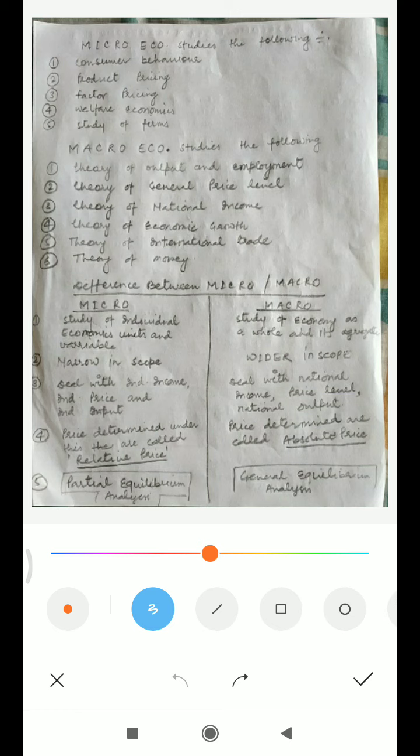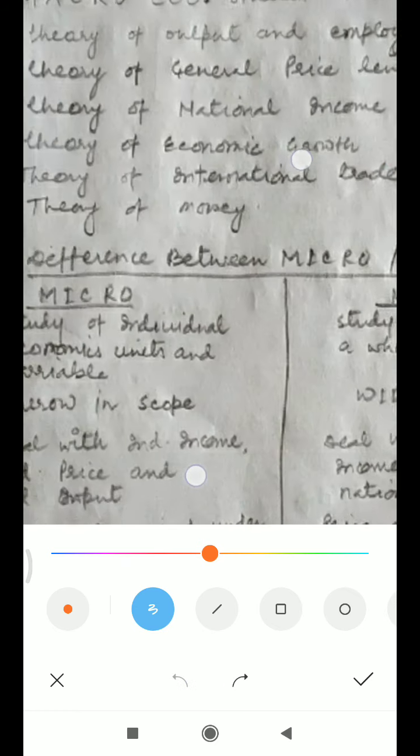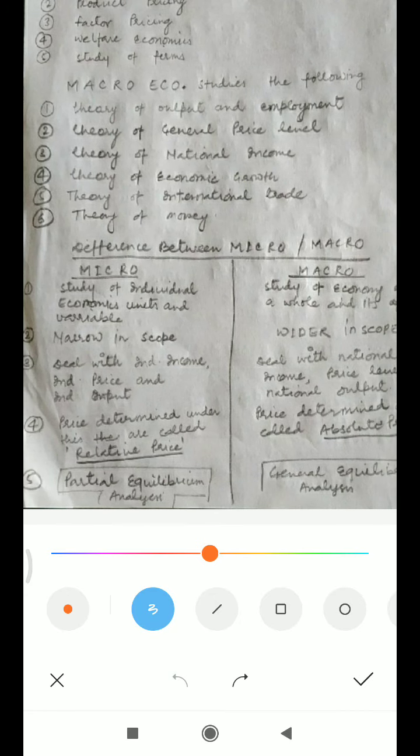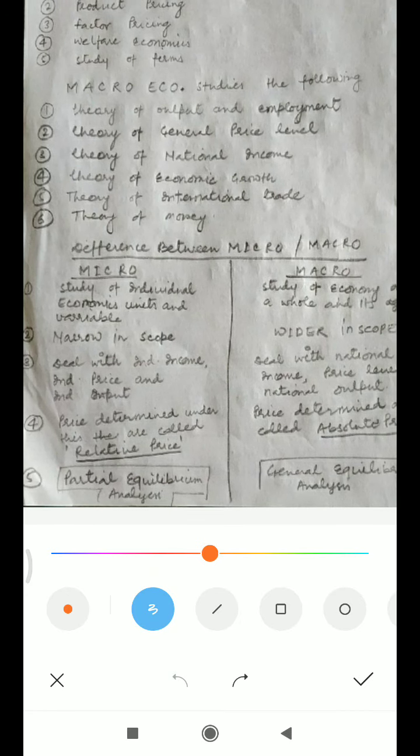One important question comes: what is the difference between micro and macroeconomics in the class 12 board? It's a most important question. There are 5 points you can learn very easily, and they are very short points.